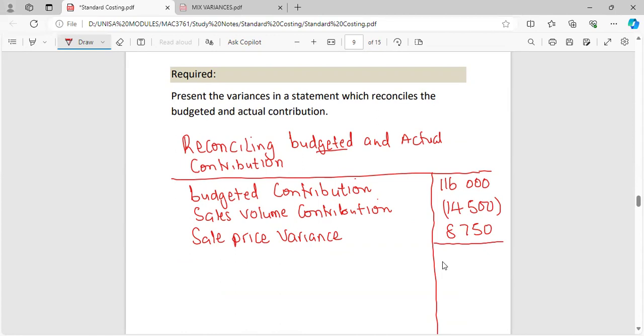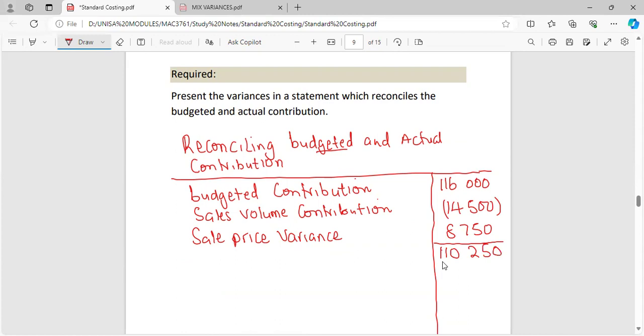How much are we going to get all in all? So if we subtract and add, how much are we going to get? 110,250. Correct. So we are going to have 110,250 here.